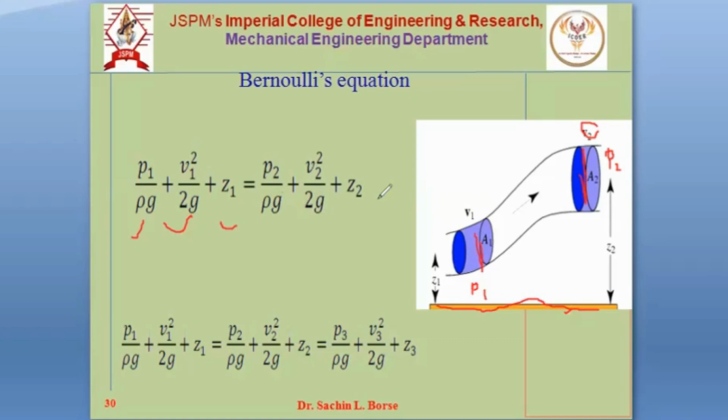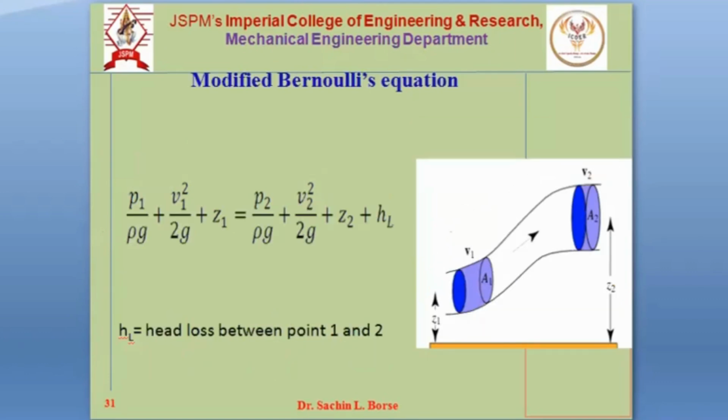But in reality, what happens? There is a friction loss between the two points. So we have to account for this pressure loss. How do we account for it? By adding the head loss to the downstream side.